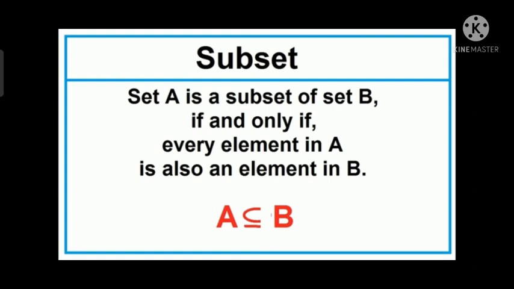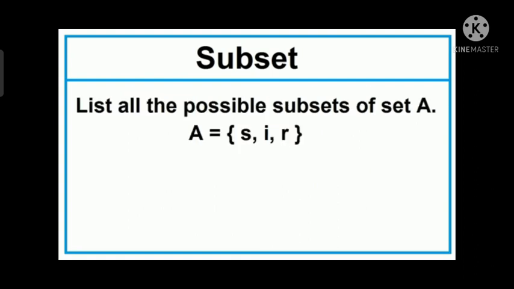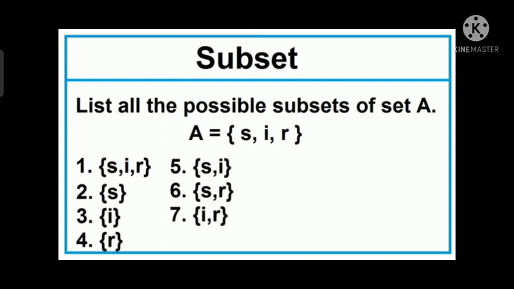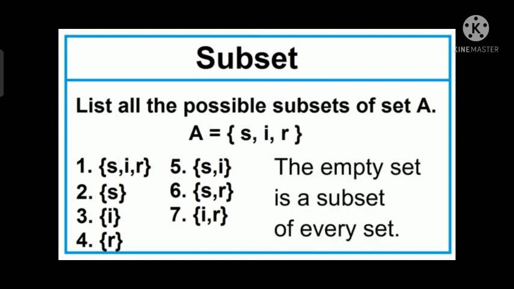Here's an example. List all the possible subsets of set A. Number 1, a set with 3 elements. 2, 3, 4, sets with 1 element. 5, 6, 7, sets with 2 elements. And number 8 is an empty set.